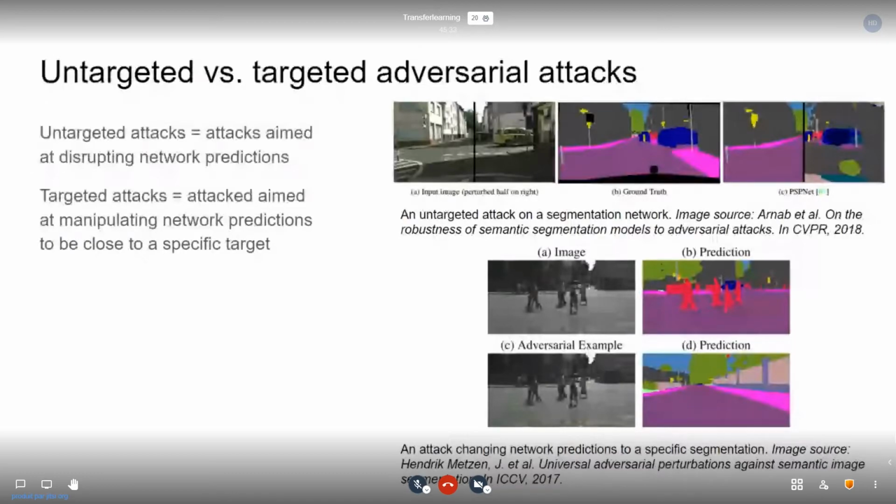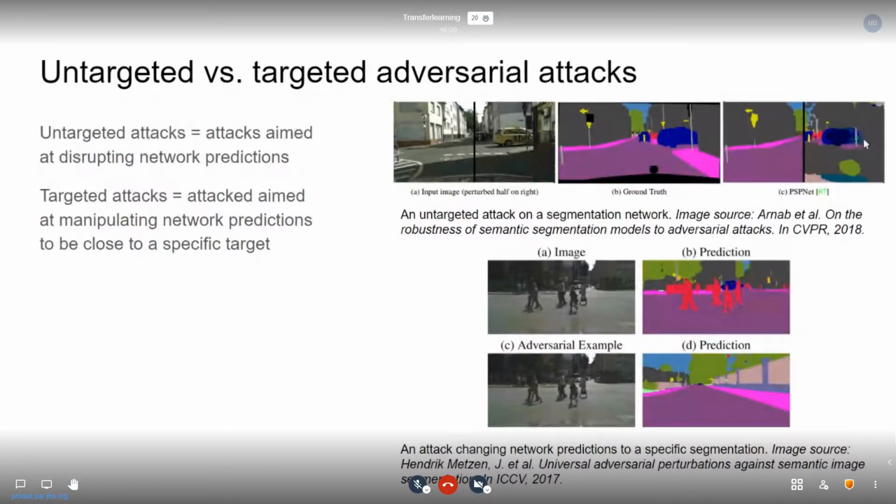It tries to make the network output something wrong, and it doesn't really matter what kind of wrong it is. This image on the slide is an example of an untargeted attack against a segmentation network. The right side of the image is perturbed by this attack, and you can see that the segmentation is sort of messed up.